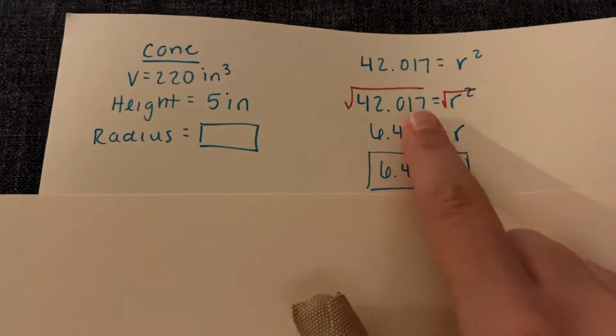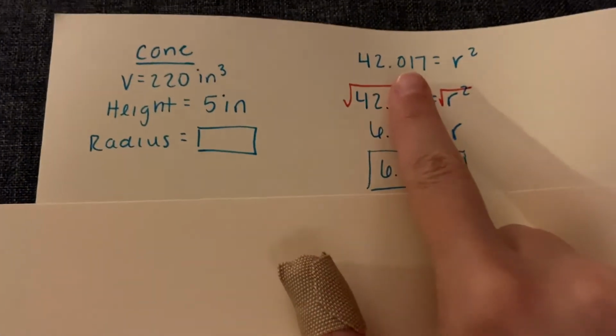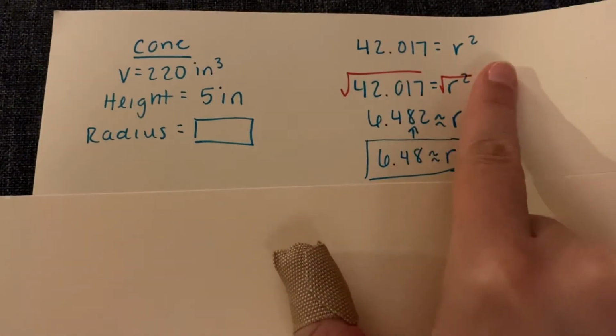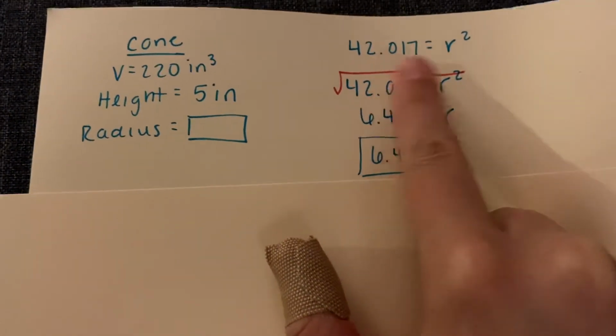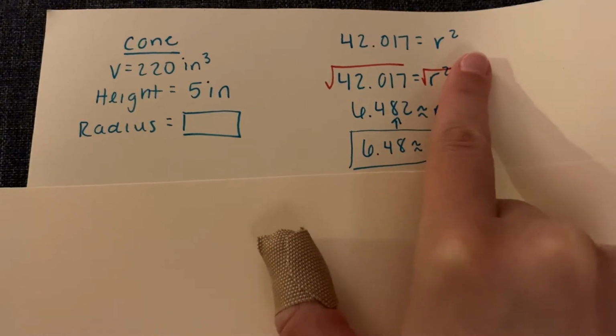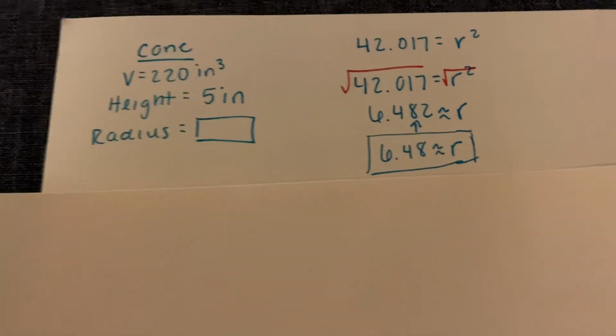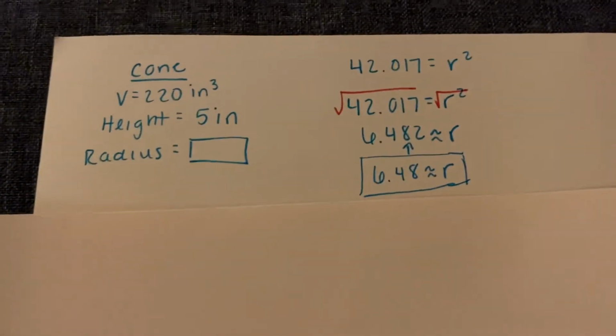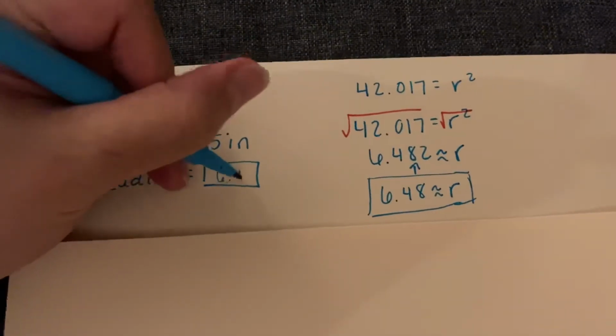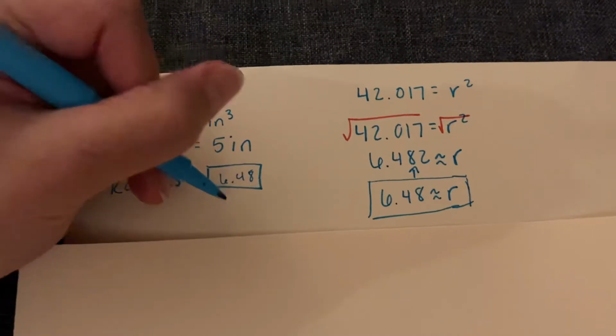You're going to notice when you get to this step, it's actually a way bigger number. Like, it goes out a lot more decimal spaces. The more decimal spaces you go out, the more accurate your answer is, but 3 spots out is good enough. So then my radius is 6.48 inches.